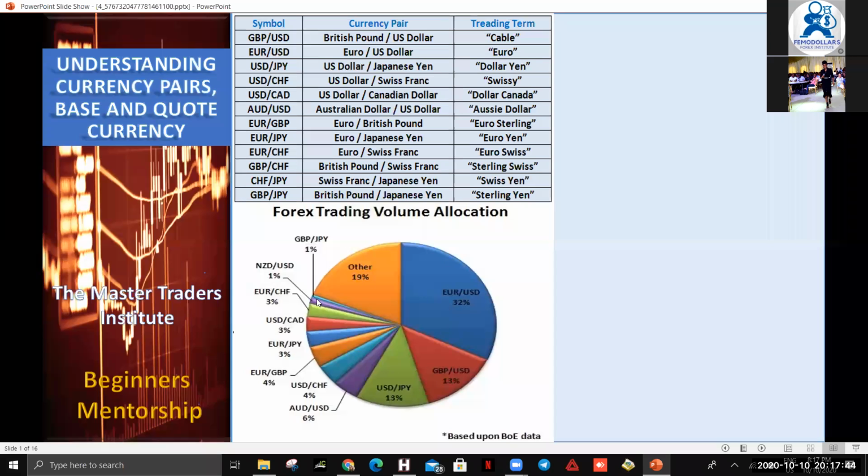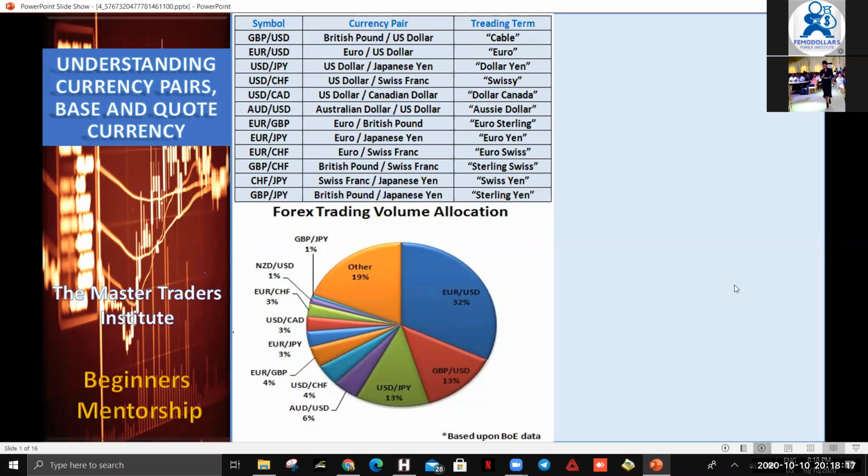Every other pair you can see has little activity on the charts, because most people don't trade it as it doesn't have high volume. But the major pairs most traders actually trade because of the high liquidity are Euro USD, GBP USD, and USD JPY. This data was actually given by the Bank of Europe. So if you want to know more about it, you can go to Google and see.